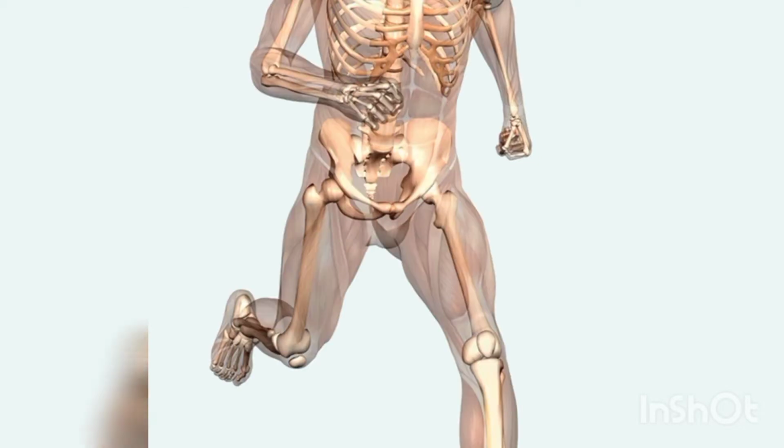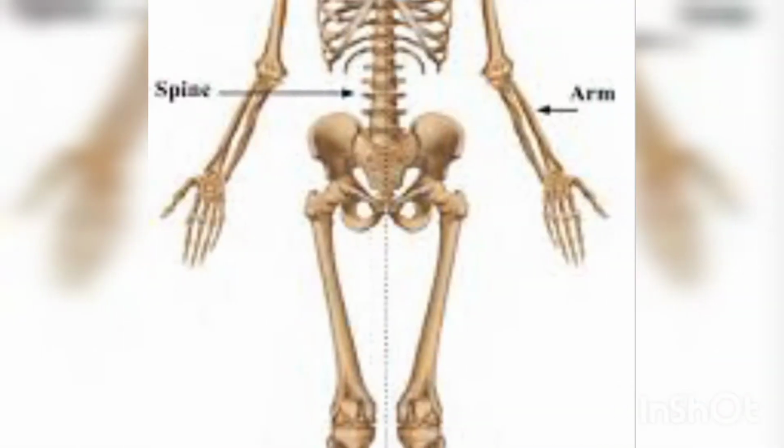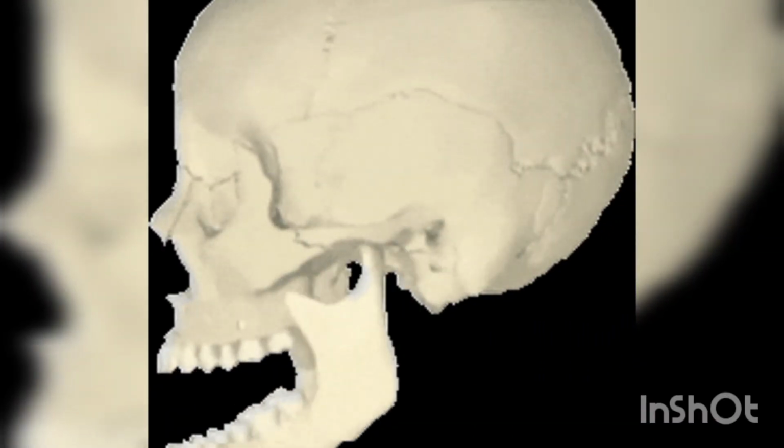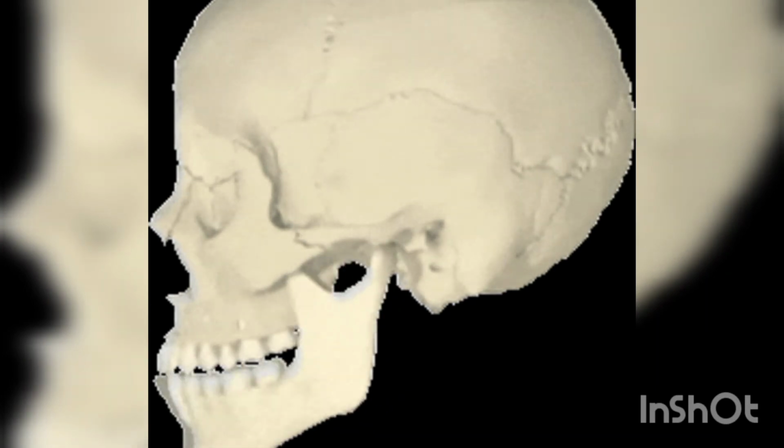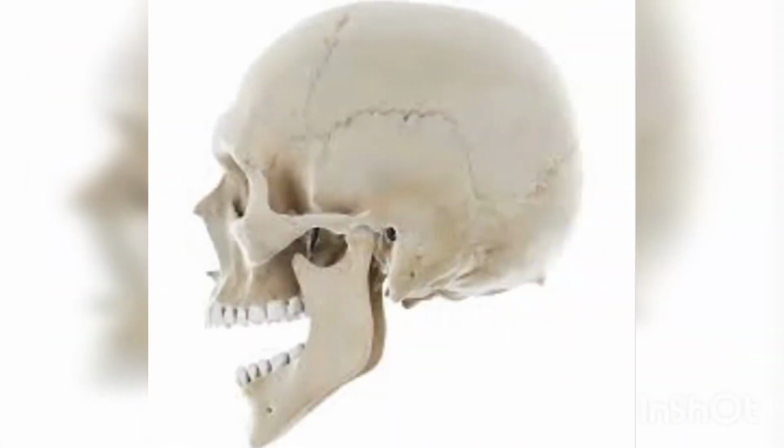The main parts of the skeletal system are the skull, backbone, rib cage and limbs. First one, the skull. The hard structure that you feel when you touch and press your head is called the skull. It protects our brain. It consists of 22 bones and some holes for the eyes, nose and ears.